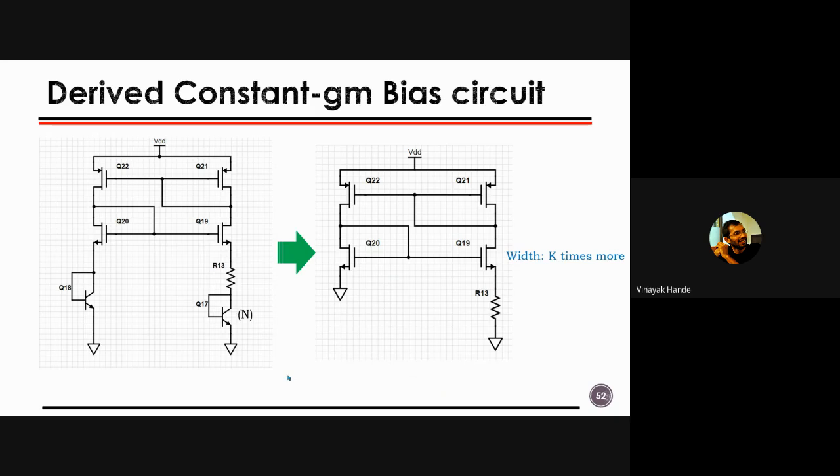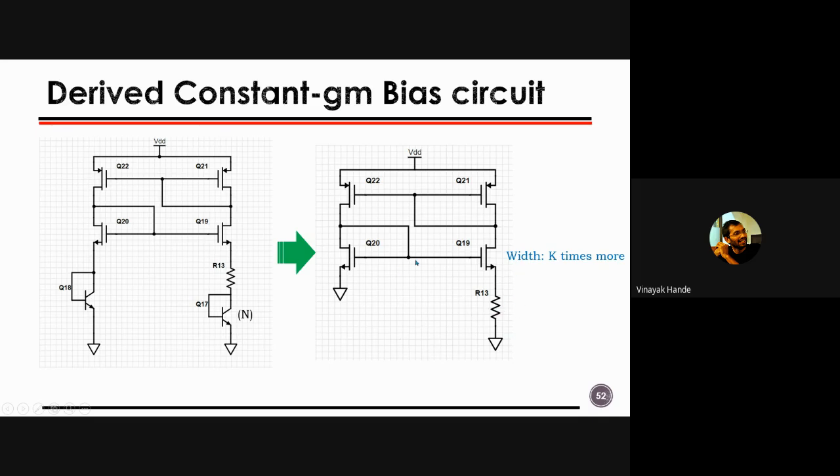And with a similar token, whatever we got from a p-type thing, we can remove this BJT from the bottom, right? I can connect that to the ground here. But somehow I have to compensate this R3 drop with the MOSFET, so I have to increase the width of this transistor, that is Q19, so that I can accommodate the drop of R3.